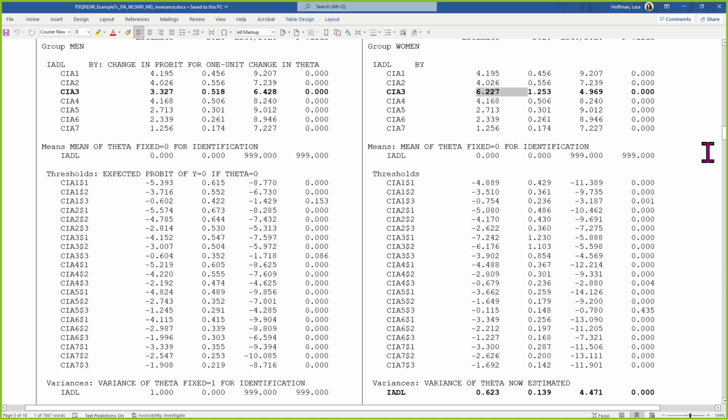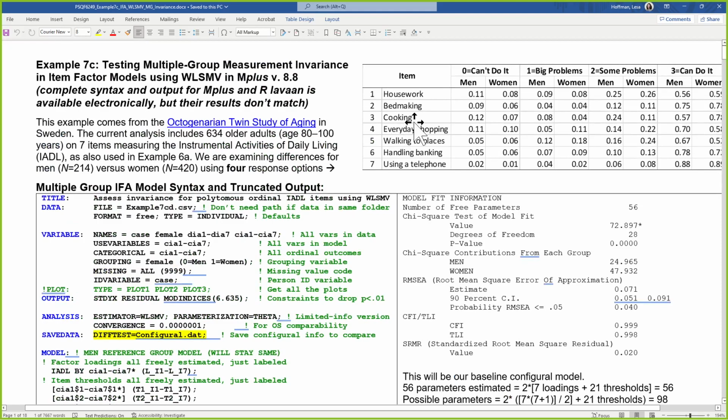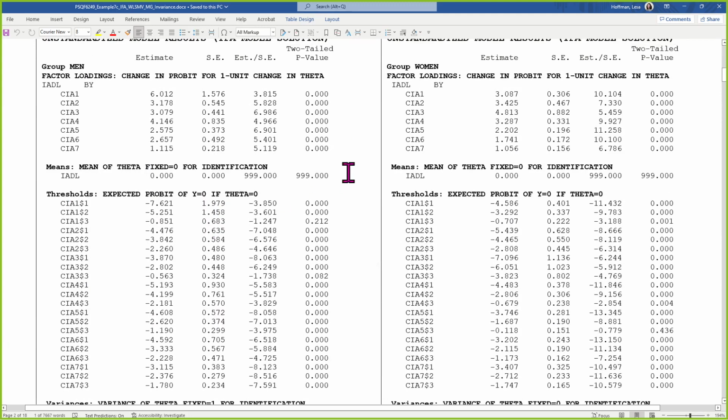Do you know what item 3 is? Cooking. Being able to cook or not is a stronger indicator of being able to live independently if you're a woman than if you're a man.